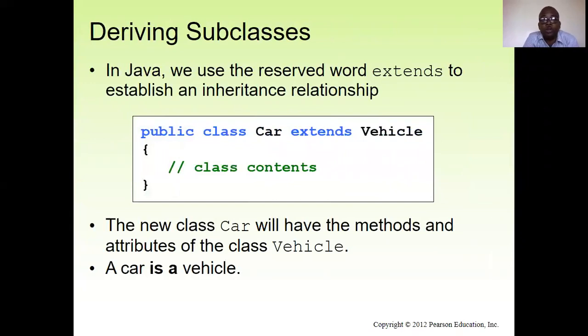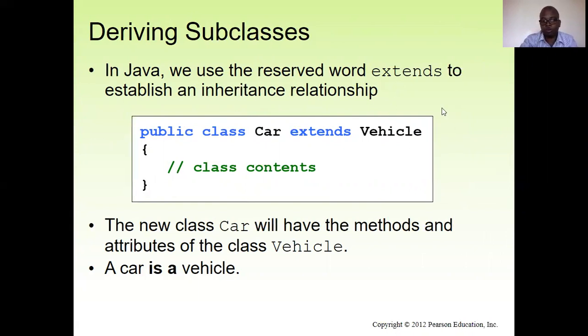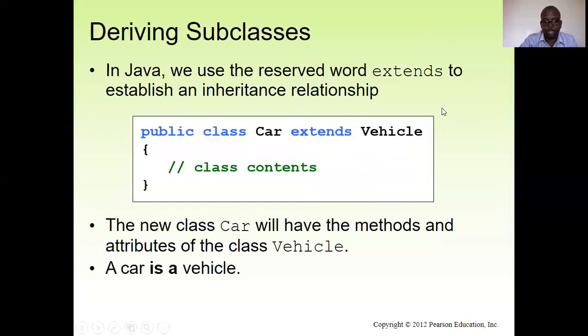All right, so in Java, we use a reserved word called extends to establish an inheritance relationship, right? And so, here's the example. We have a class called car, which extends vehicle, right? Notice the class is declared the same way here as we would have done before.